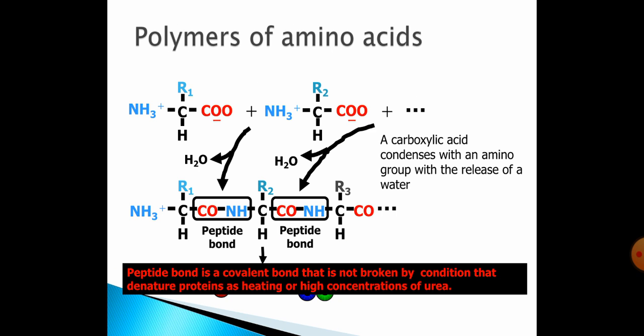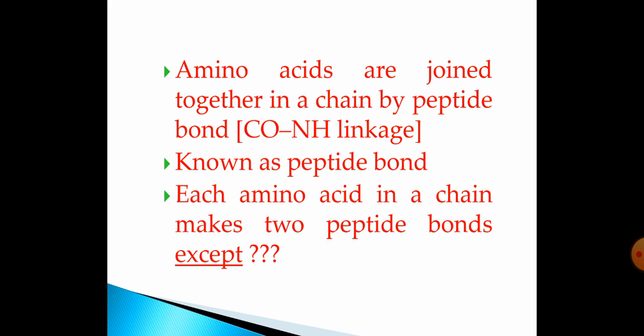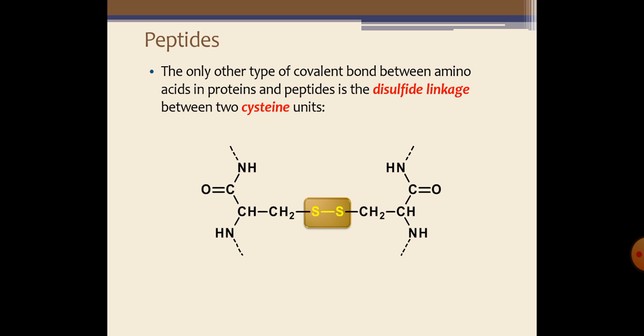Yes, and we talked about some polymers of amino acids, how the peptide bond is joined chemically, and some peptides. Besides the peptide bond, there is another bond we call the disulfide linkage. Some amino acids contain sulfur.